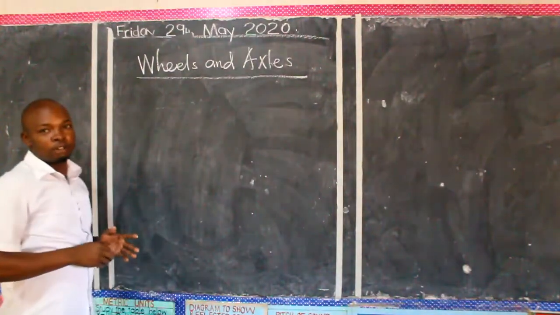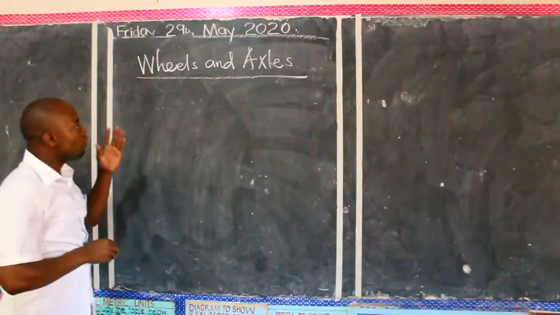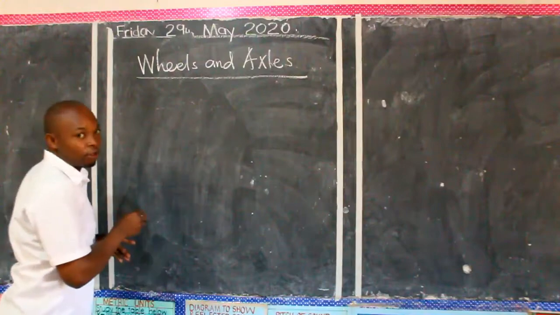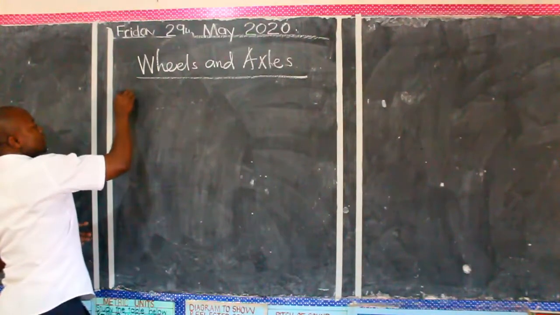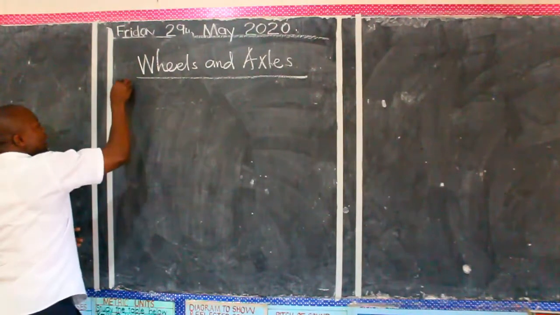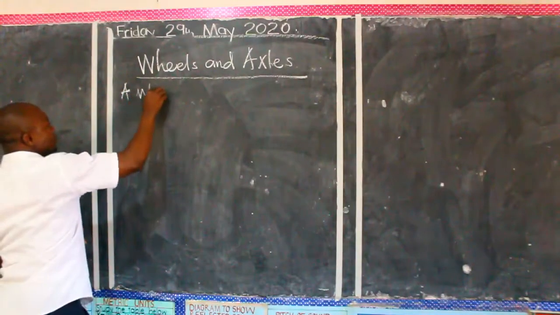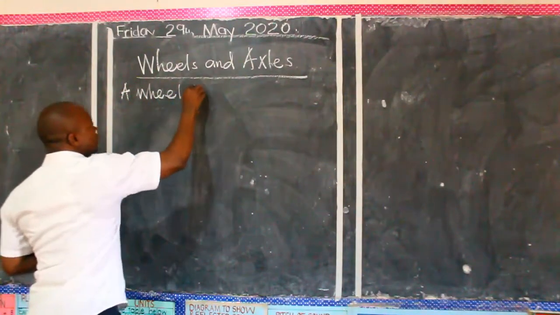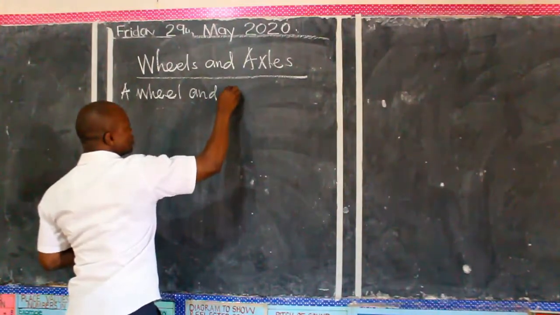When we talk of wheels and axles, these are machines with wheels rotating around the rod. A wheel and axle.